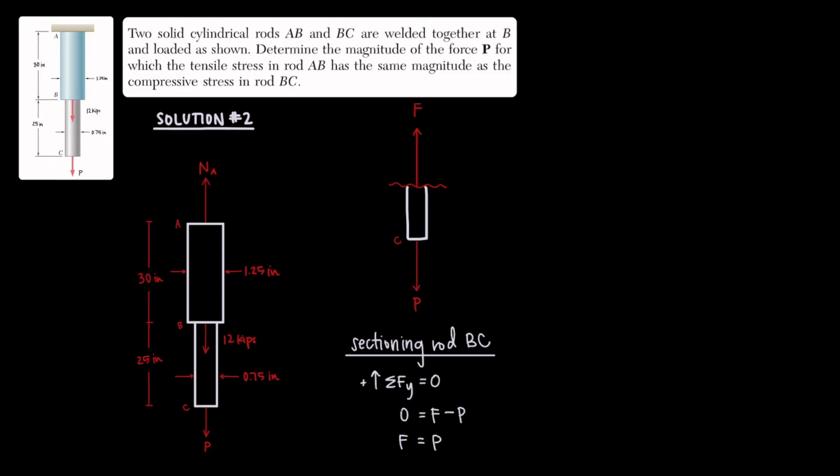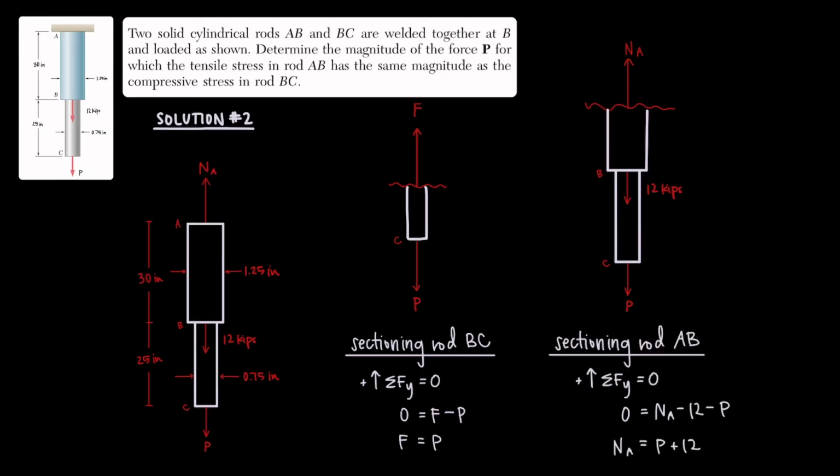Then we'll find the internal resultant force in rod AB. When we section it, we'll consider the bottom half of the system. Again, N sub A acts upward, the 12 kip force downward, and P downward also. If we rearrange the equation, we'll see that N sub A equals P plus 12.